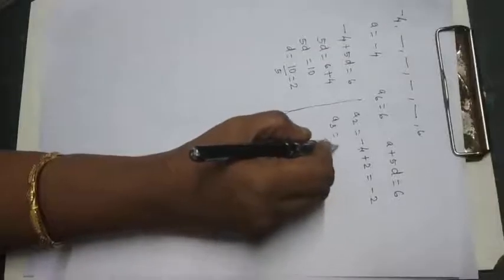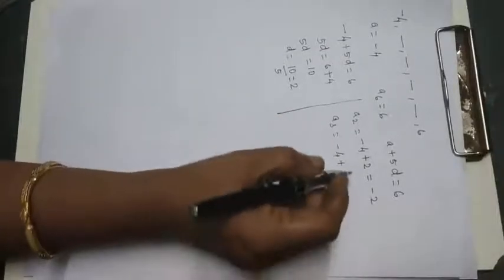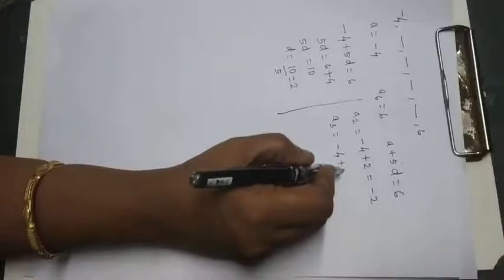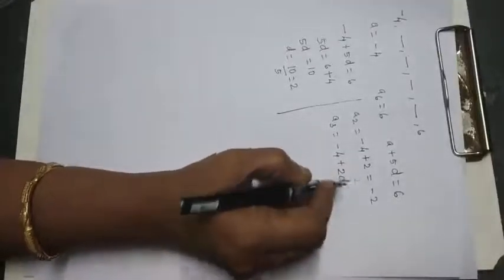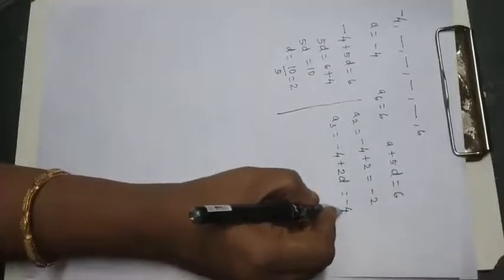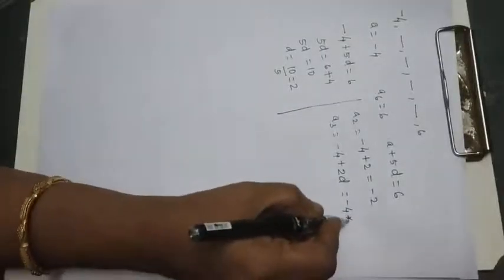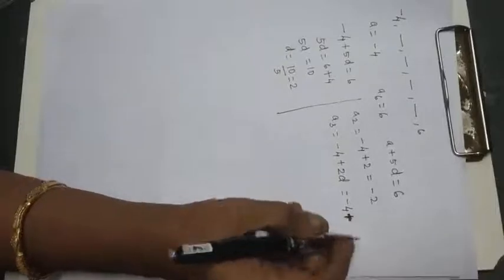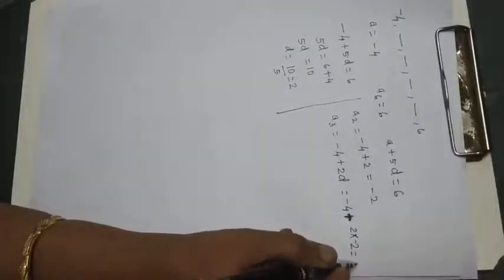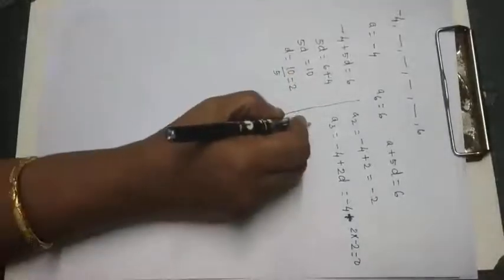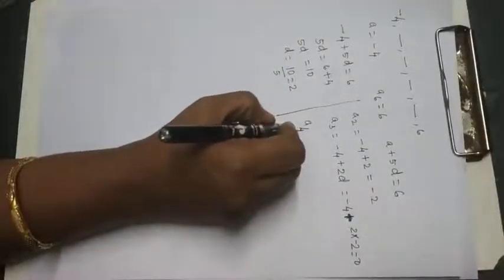Or A3 will be equal to negative 4 plus 2D. So negative 4 plus 2 into negative 2, that is 0.